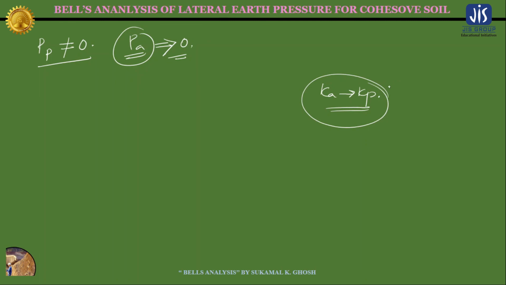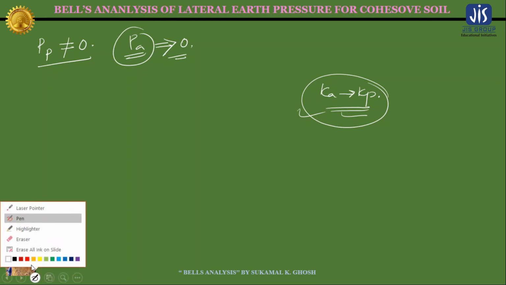But you may observe in the analysis of cohesive soil that we need to calculate the active earth pressure and the passive earth pressure differently, right? We just cannot use the same expression only by replacing the Ka with Kp, okay?